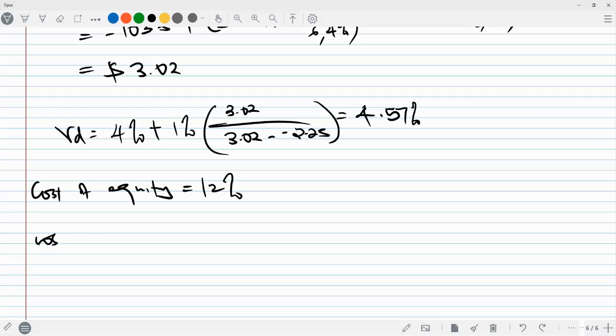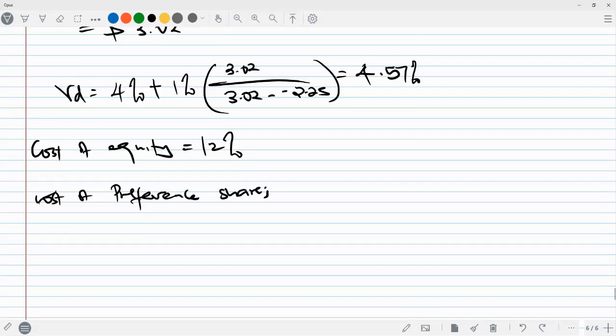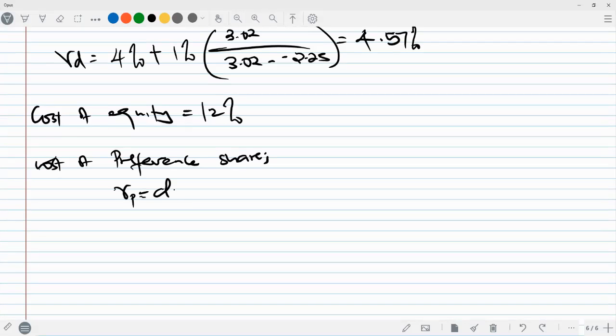We can get the cost of preference shares, which will be equal to the preferred dividend divided by the current market value of these preference shares, and we express this as a percent. The preferred dividend is being paid at a rate of 8% of the nominal value, which is 50 cents.